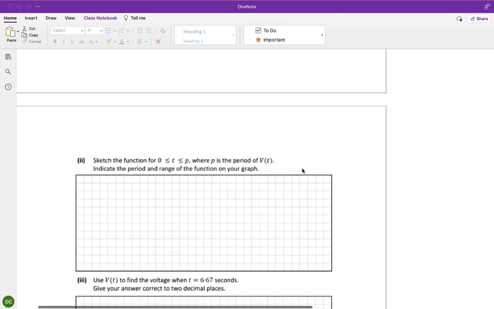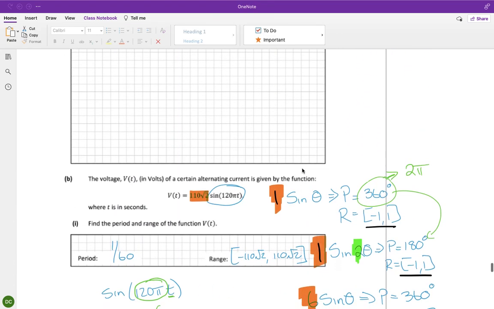Okay, sketch the function between 0 and p. Okay, so we now know that p is 1/60. Indicate the period and the range of the function on your graph. They didn't even give me a... Anyway. Okay, so I'm going to try this again. I'm going to put in radians. And I'm going to go into my function, so my table thing.